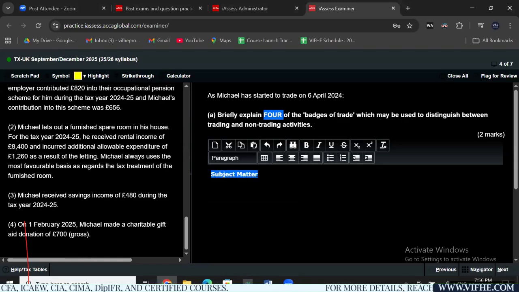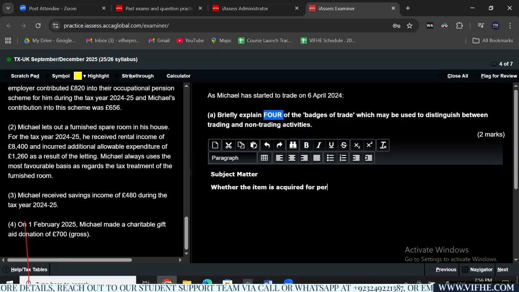Subject matter is said to be the first badge of trade, whether the item is acquired for personal enjoyment, I mean for use, or for trading purpose, I mean for resale purposes.